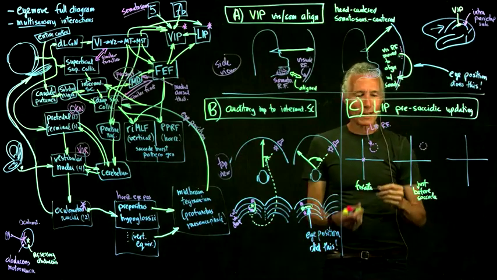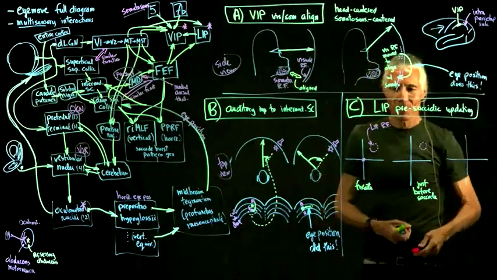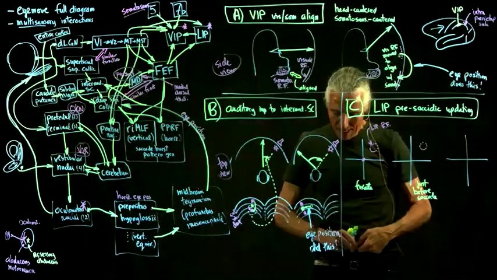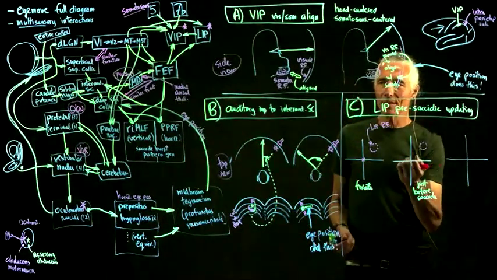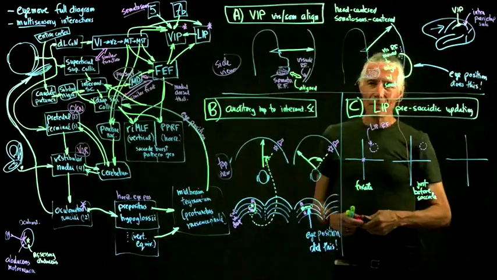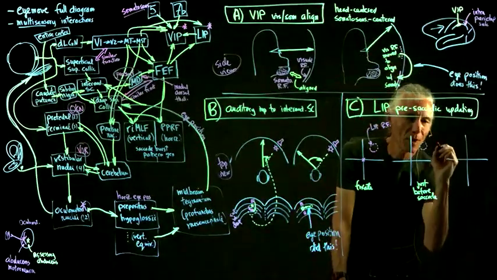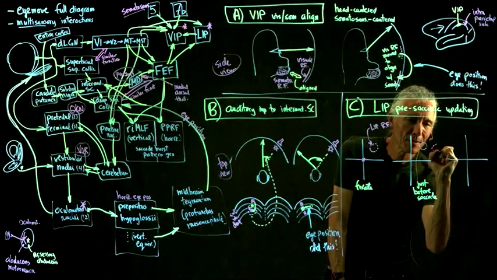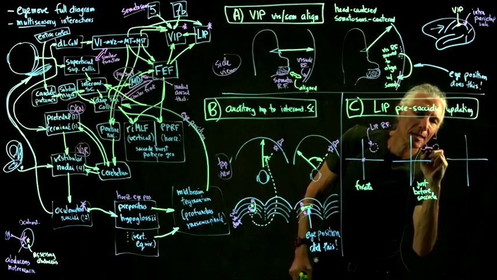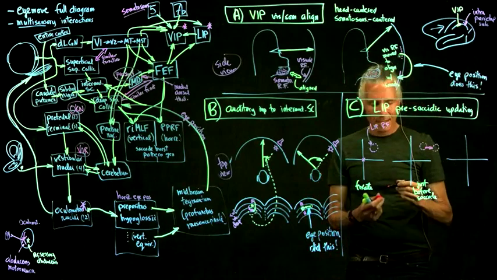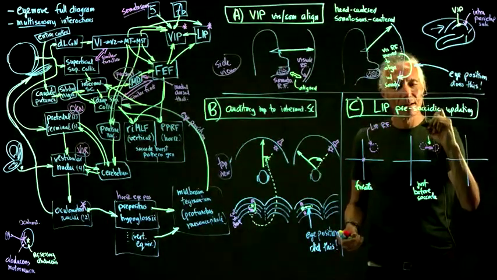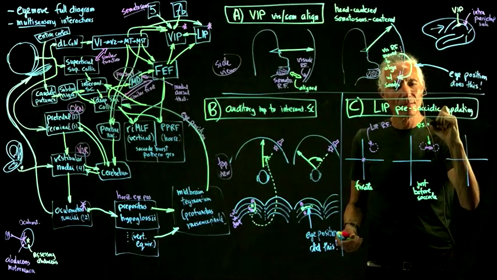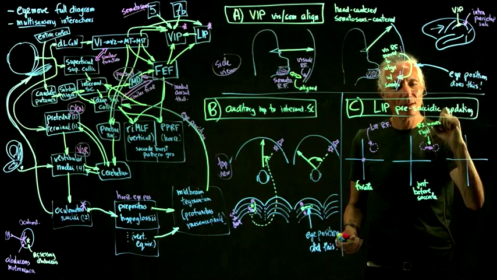Say the animal was planning to make a saccade straight to the right. Right before the saccade, the receptive field moves. So this movement occurs right before the saccade. RF moves right before saccade.